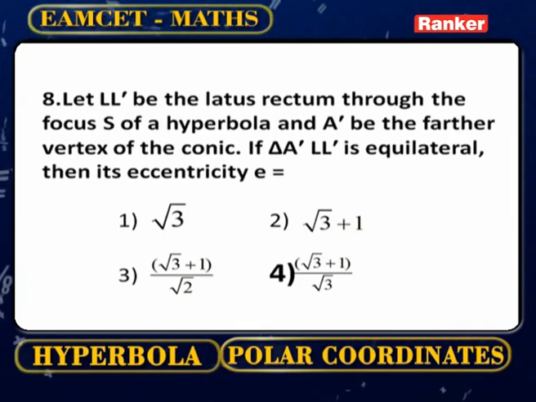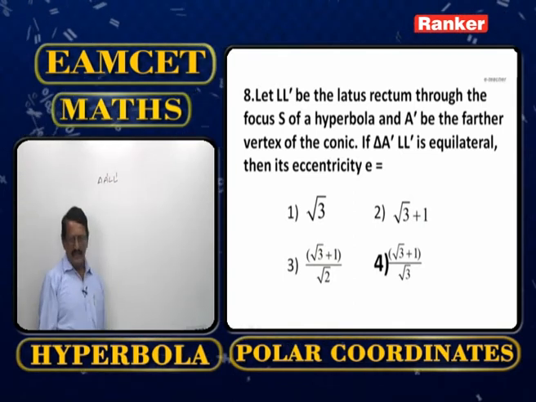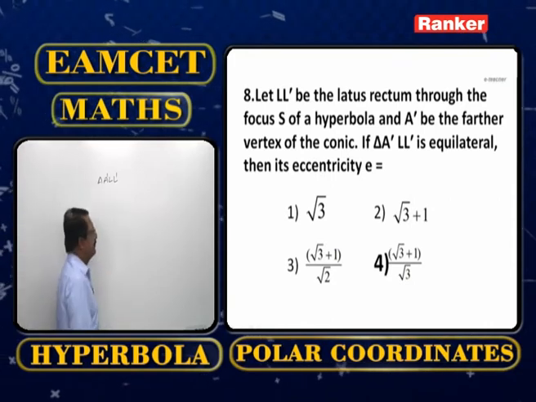Let L L dash be the latus rectum through the focus S of the hyperbola, A dash the farther vertex of the conic. If triangle A dash L L dash is an equilateral, then its eccentricity?